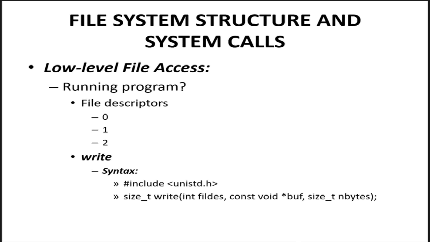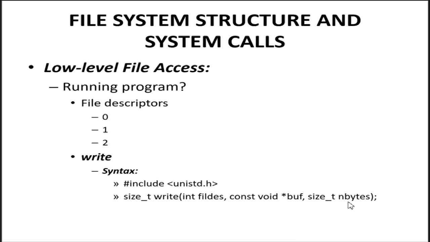The syntax of the write system call contains three parameters: a file descriptor, which is of integer type; a buffer, where the data we want to write into the file is available; and n bytes.